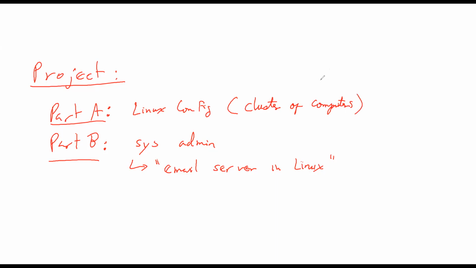So this can be as simple as just 2 computers, but you probably want to have 3 computers, and they're going to be in some LAN. They're all connected, and then you can do this in VMware.